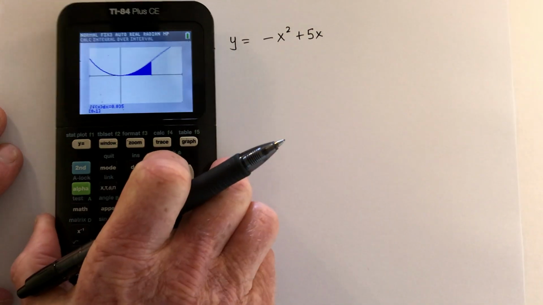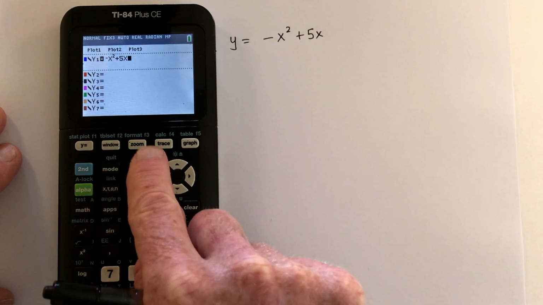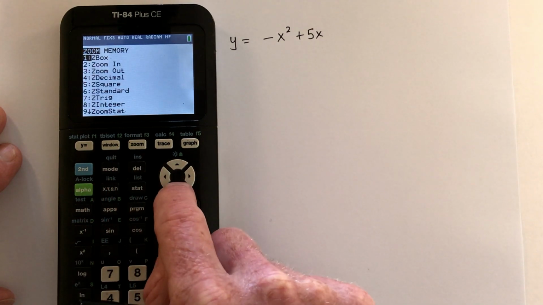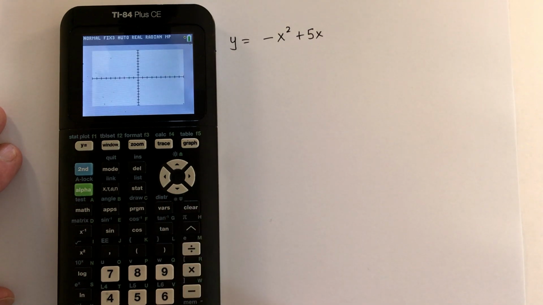And that is a parabola. Go to y equals, clear this out, -x squared plus 5x. And then I'm just going to go back to Zoom standard. And it's a parabola.